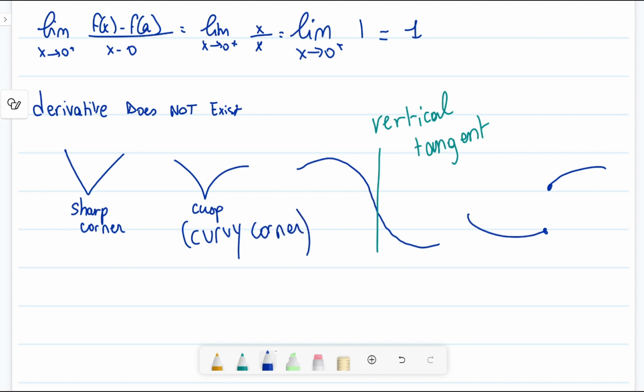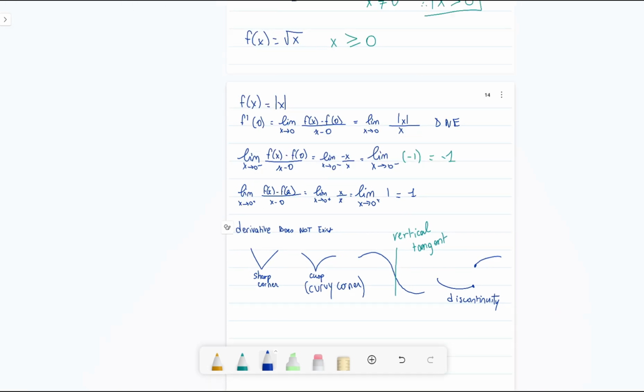This we also call a cusp. The derivative also does not exist when we have a vertical tangent, as we can see here. And it also does not exist when we have a discontinuity. So these are the 4 cases when the derivative will not exist.